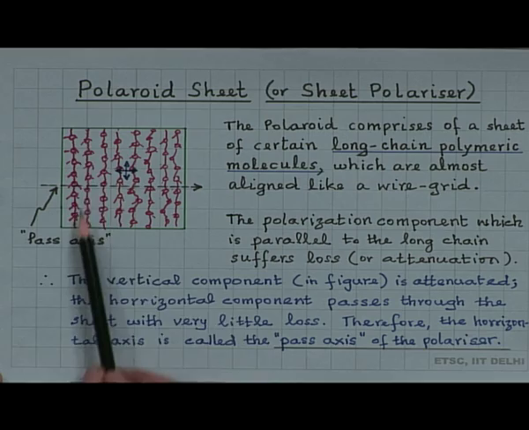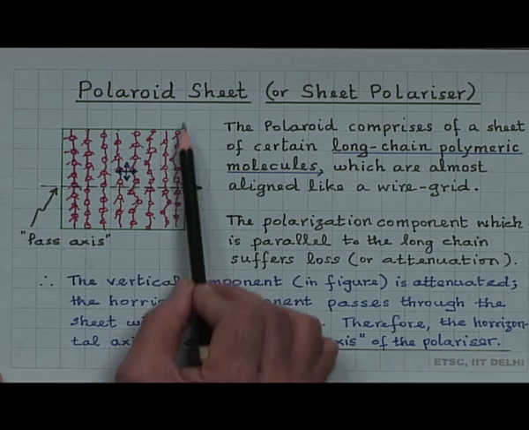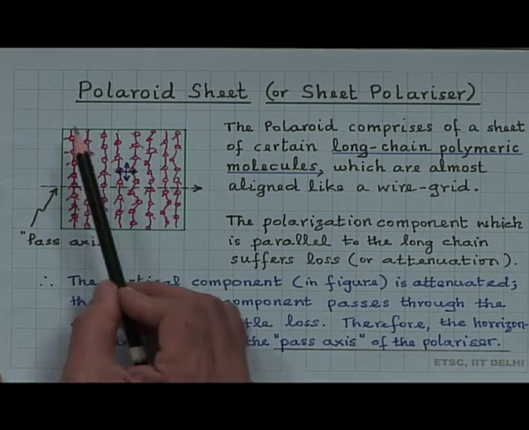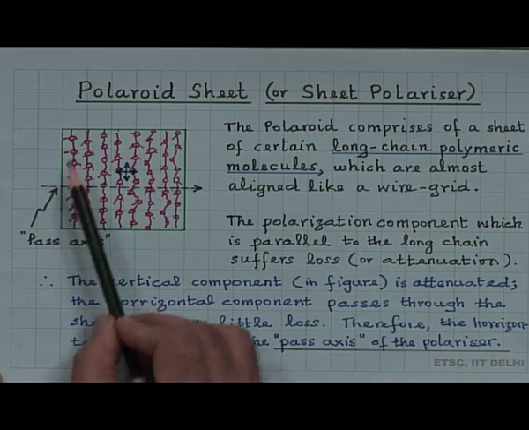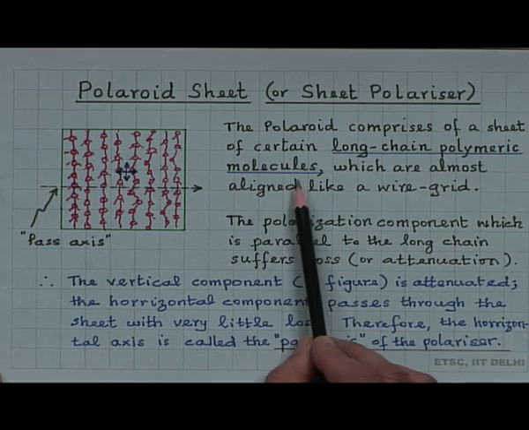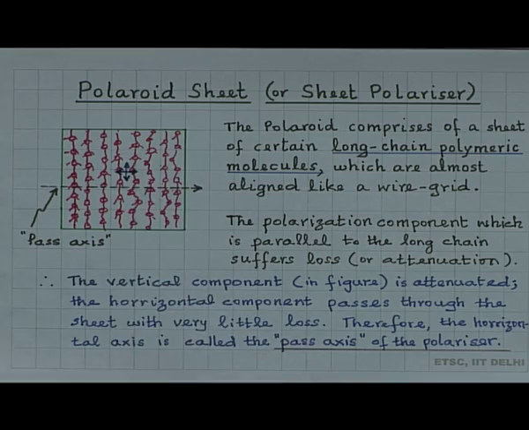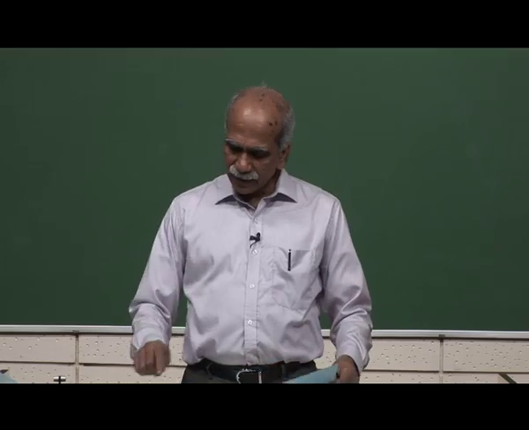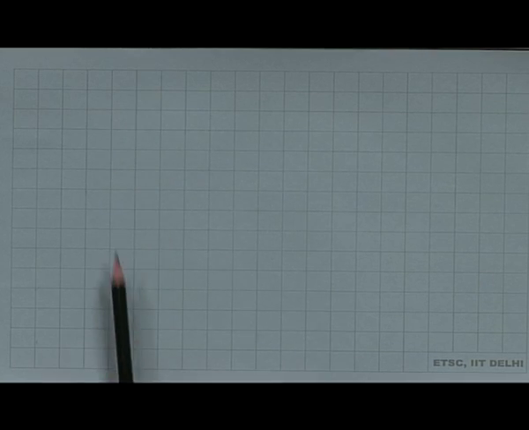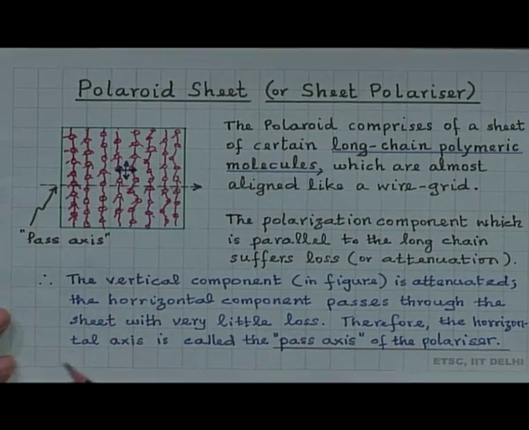You can see the polymer molecules are all aligned here in this case. There are techniques of making it aligned. Wire grid is what you see here, the grid here. So, all of them are aligned as if it is a wire grid.